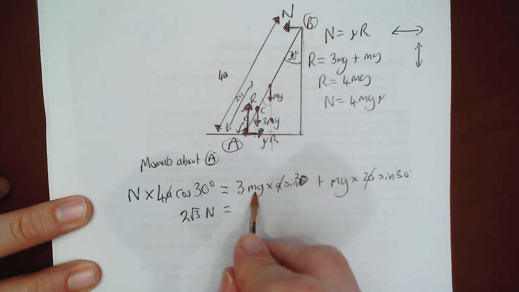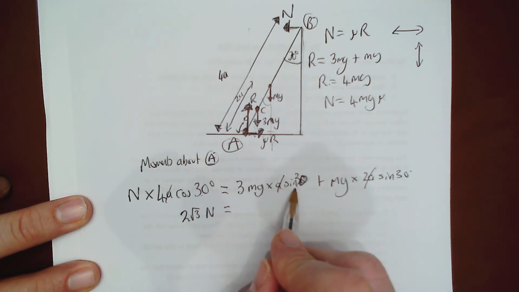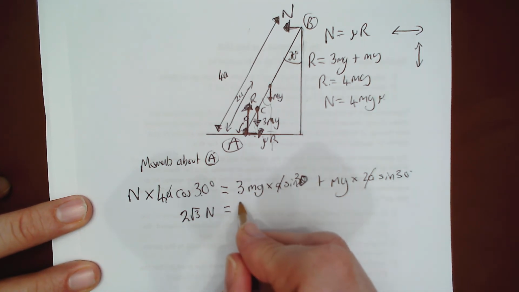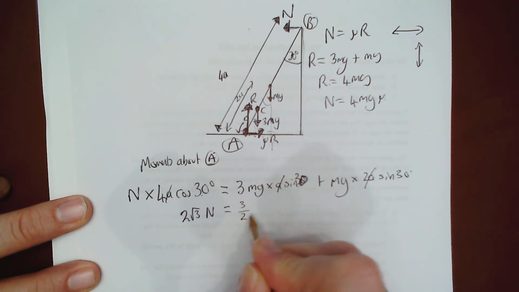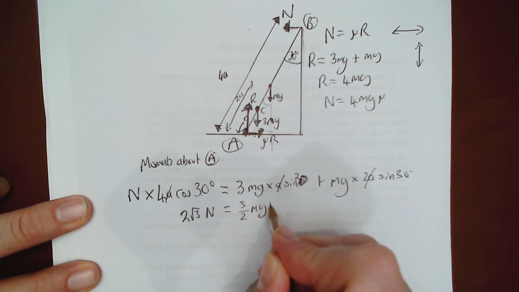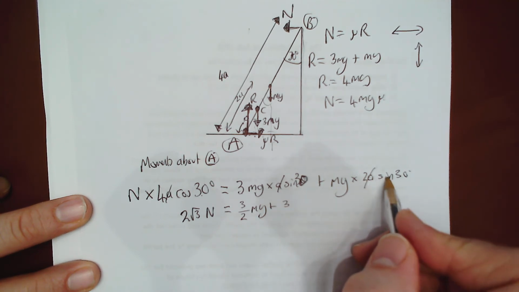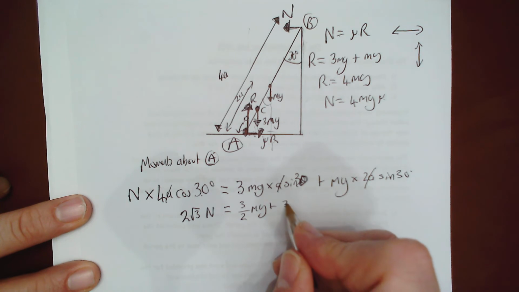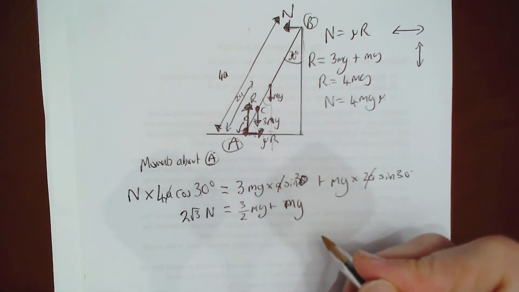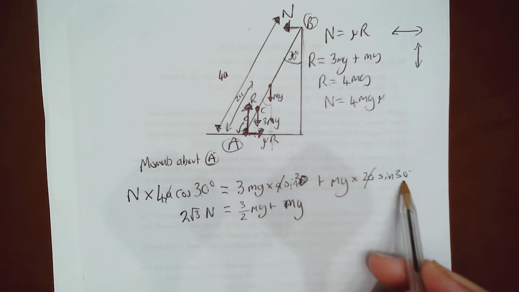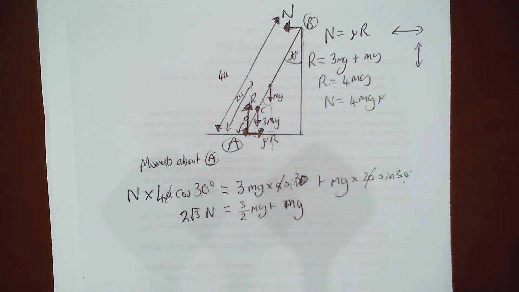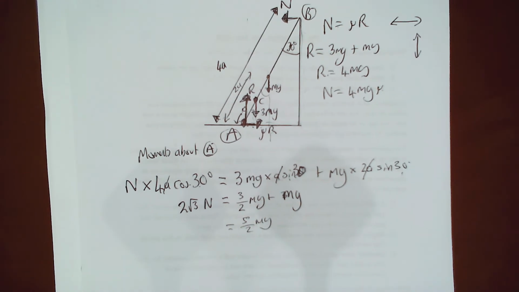We have 3mg, and sine 30 is a half. So I've got 3 over 2 mg plus 2 over 2, half of 2 is 1, so I've got mg. So we're just simplifying this. Sine 30 is a half, cos 30 is root 3 over 2. I have 5 over 2 mg, if I simplify it further.